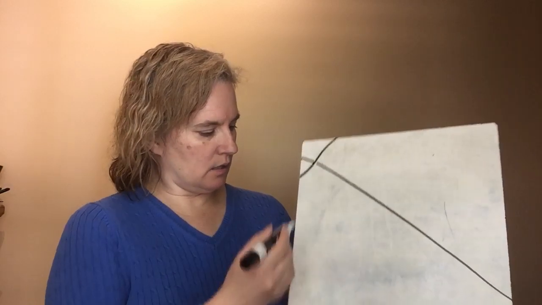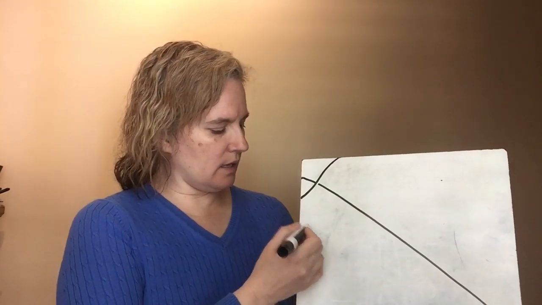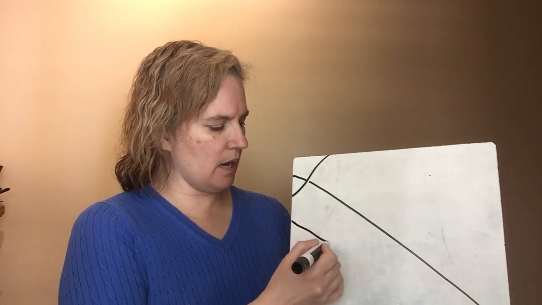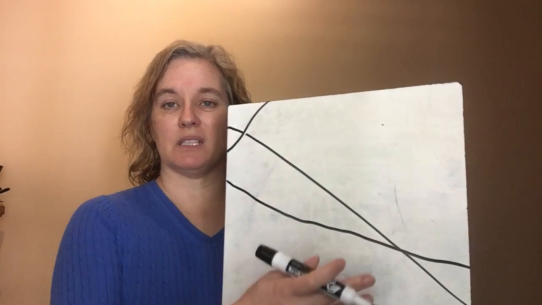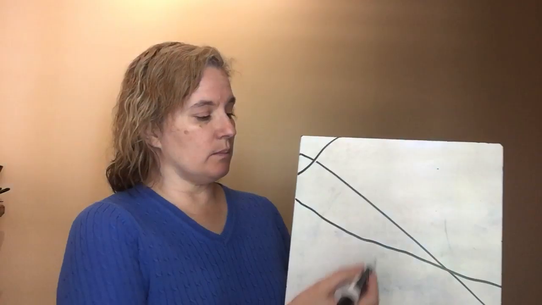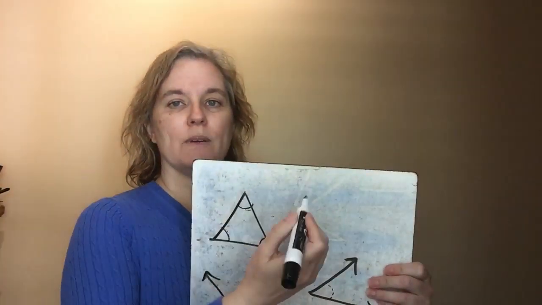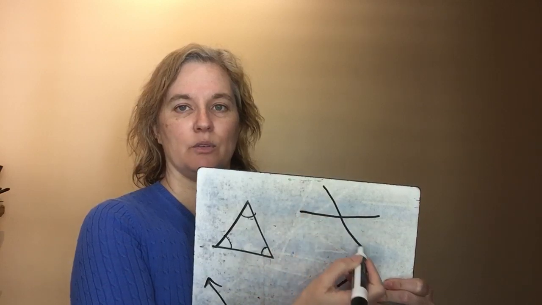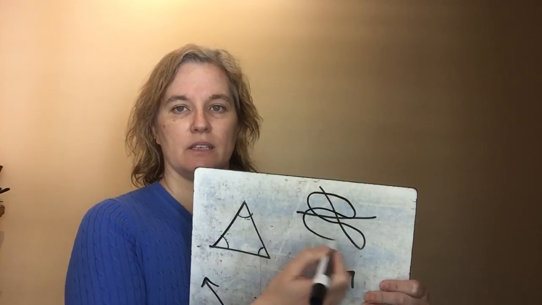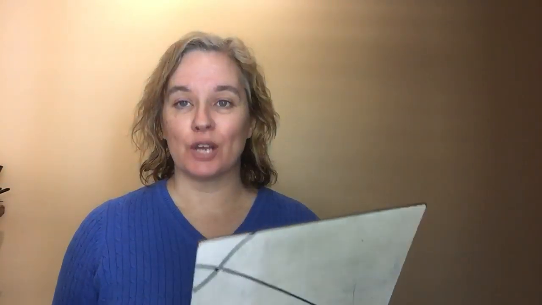If it runs like this, but not quite parallel, eventually it crosses, but it's only going to cross once. Otherwise, to make it cross more than once, your line would have to go down and then loop around and come back up and do all kinds of doodly-doodly-doos. And that's not what we're talking about. We're talking about straight lines. Straight lines only intersect each other one time.